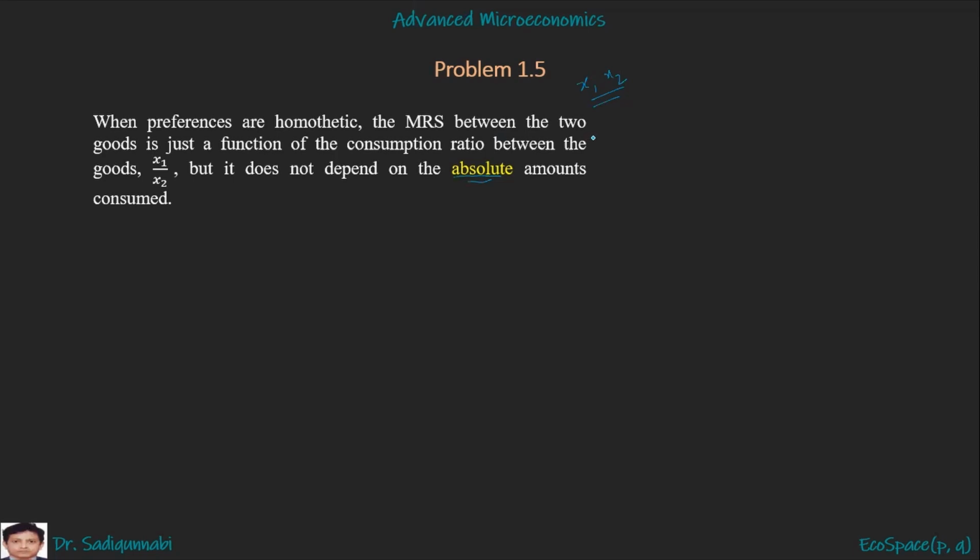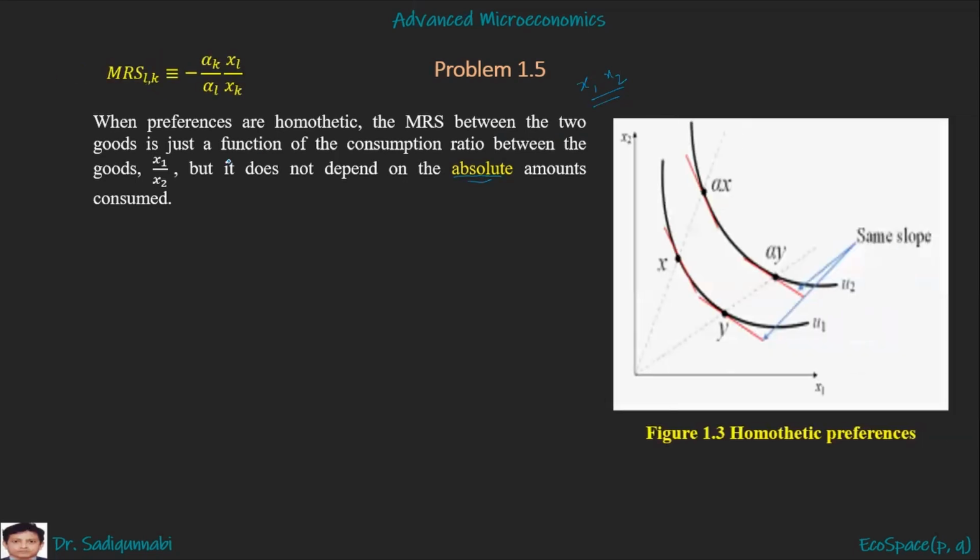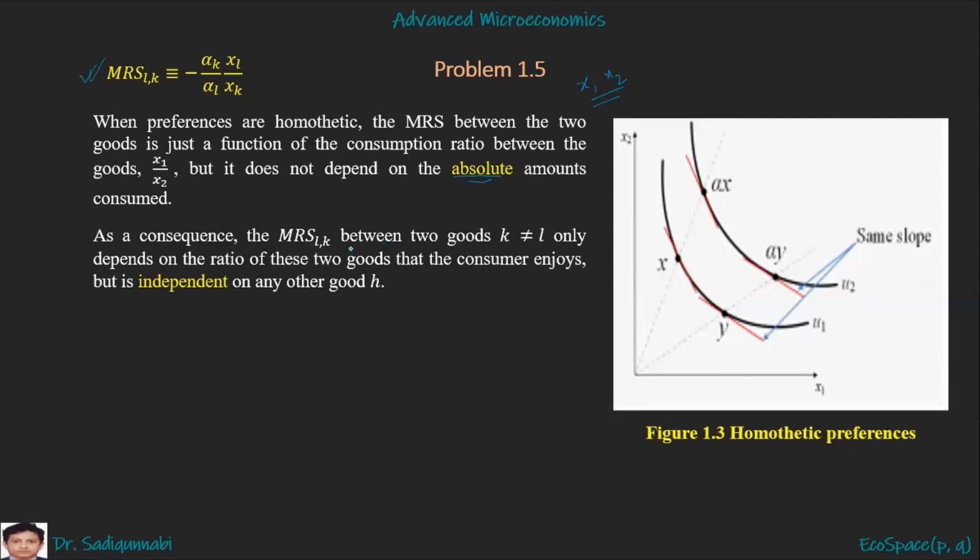To clarify, let's move forward. So here is our reminder for MRS. The MRS between good L and K, K not equal to L, only depends on the ratio of these two goods, but is independent of any other good.